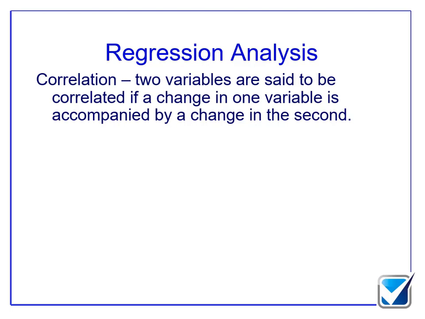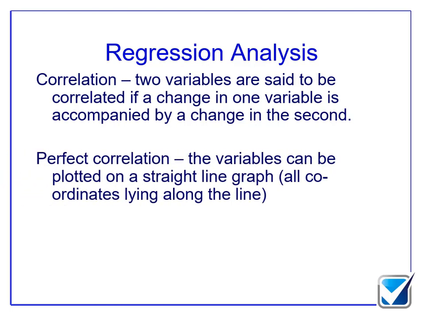If you have perfect correlation, it means that one variable shows you the change in the other variable completely. It is 100% reliant upon it. So the variables can be plotted on a straight line graph, all coordinates lying along that straight line.